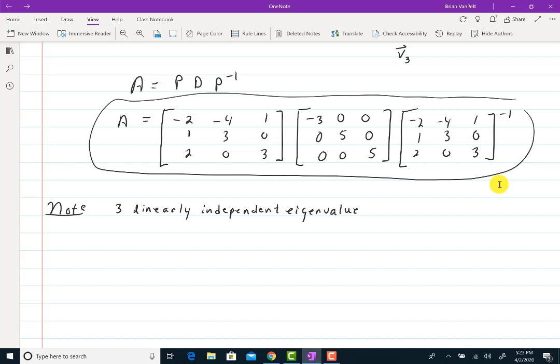You don't have to actually go and compute this determinant to see if it's invertible. It's going to be a given. It will be invertible. So there they are. You don't have independent eigenvalues. You have linearly independent eigenvectors. That's the key. If you have 3 linearly independent eigenvectors, then you know you're going to have a diagonalizable matrix.